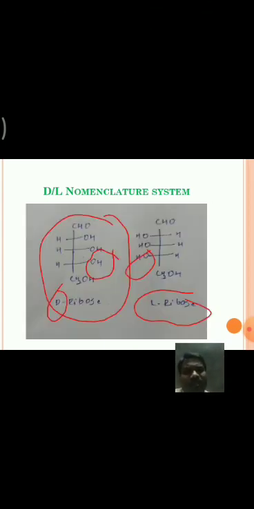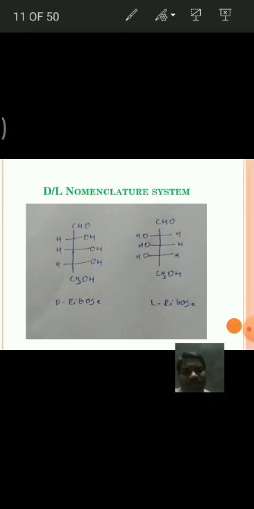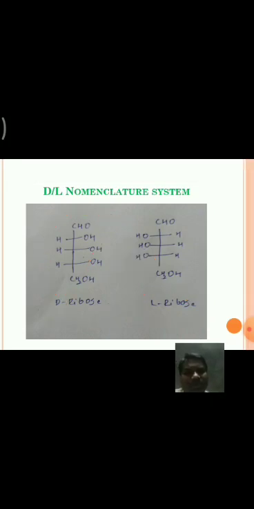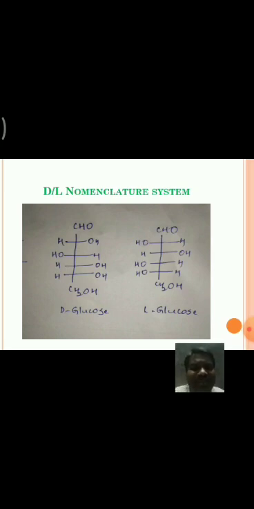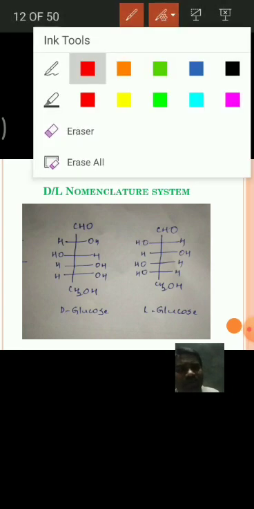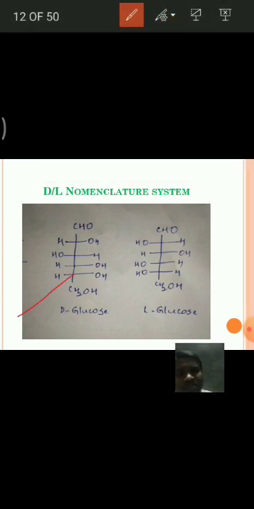In the same way, see here, these are the isomers of glucose. Glucose has four chiral centers, and just like ribose, we should consider the position of the OH on the bottommost chiral carbon, that is this carbon.